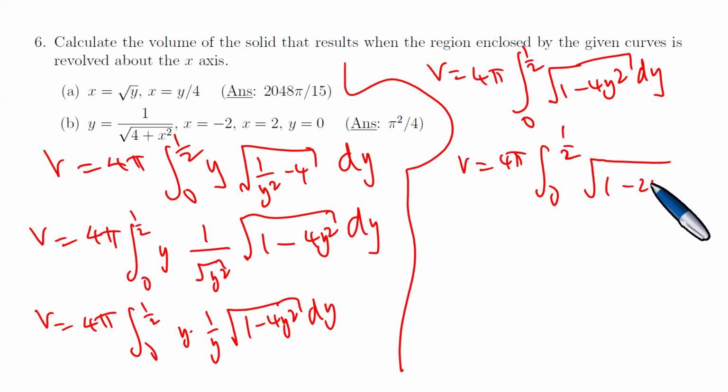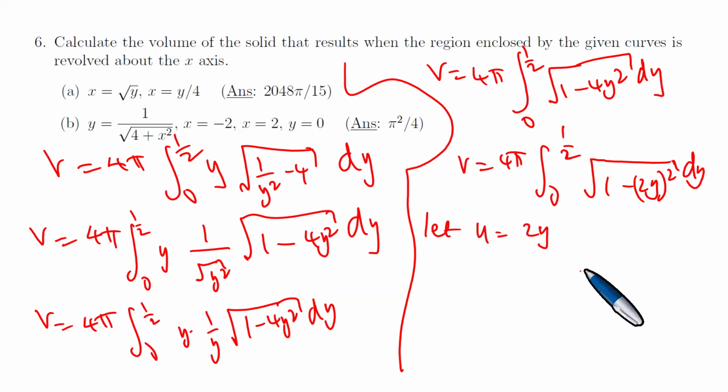But it is 1 minus 2y, then you square these with the dy, so you would have to let u be 2y. Right, let u be 2y, and then du is 2 dy.